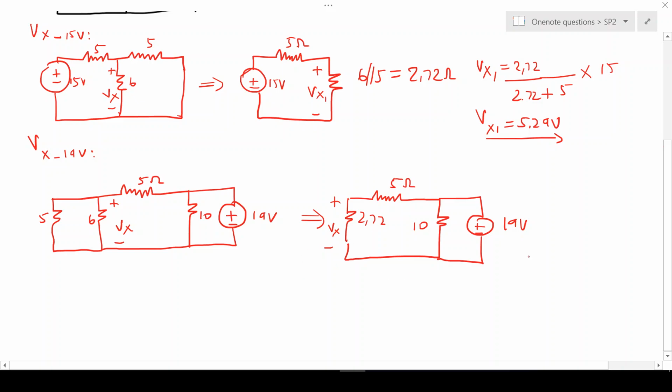So we can use voltage division and say the voltage Vx2 is going to give me 2.72 over 2.72 plus 5 multiplied by 19.